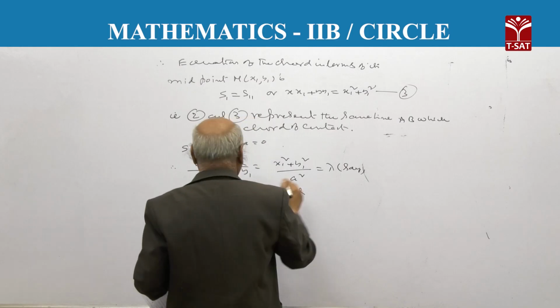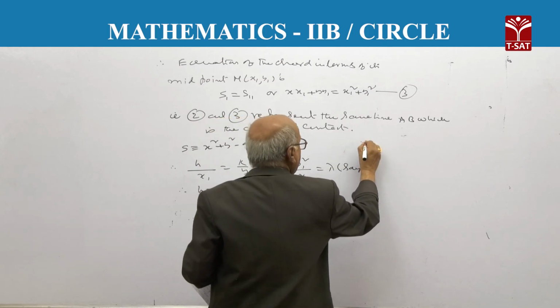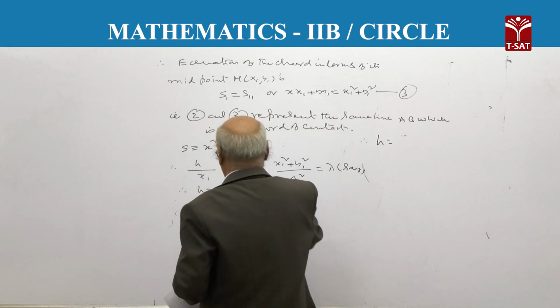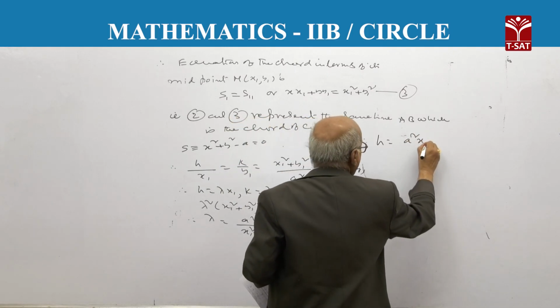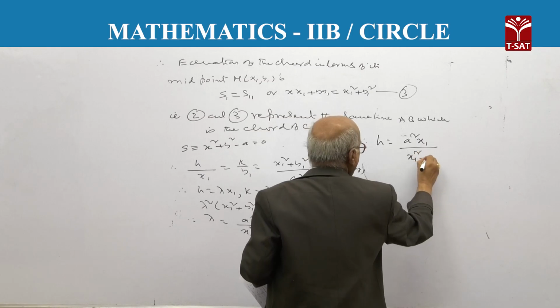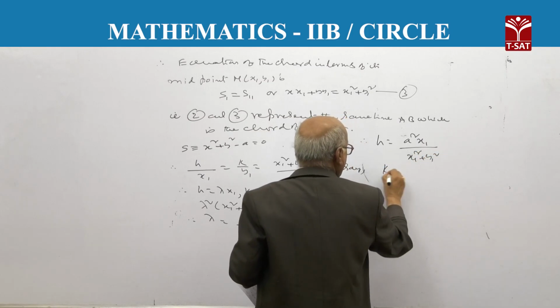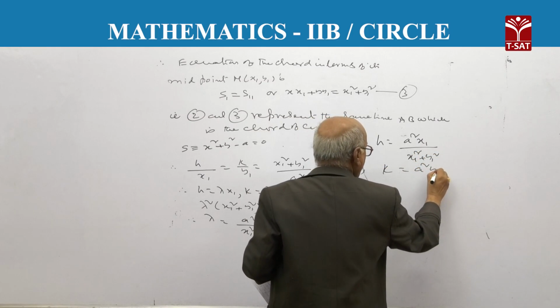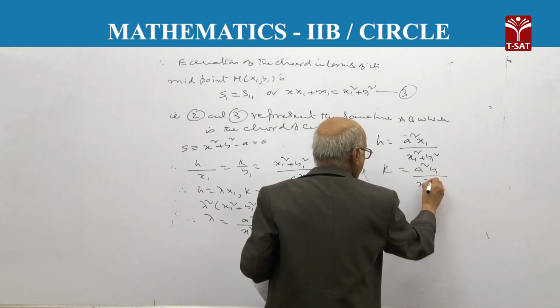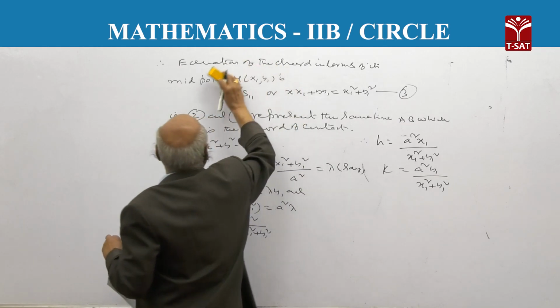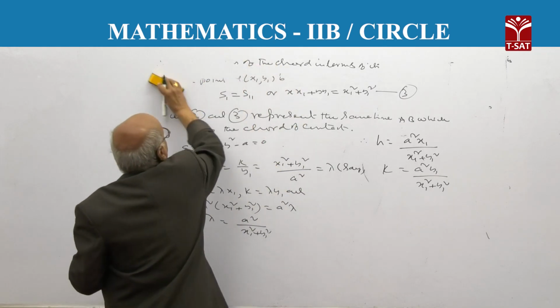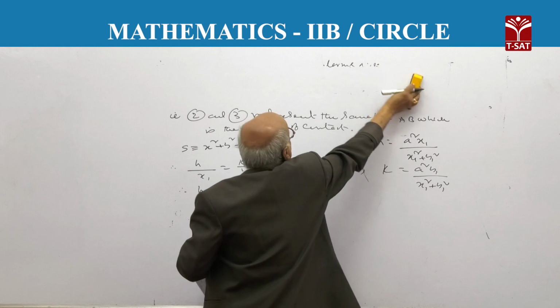So therefore, h is equal to lambda x1, so a square x1 by (x1 square plus y1 square), and k is equal to a square y1 by (x1 square plus y1 square).